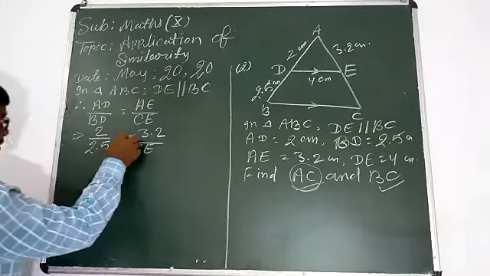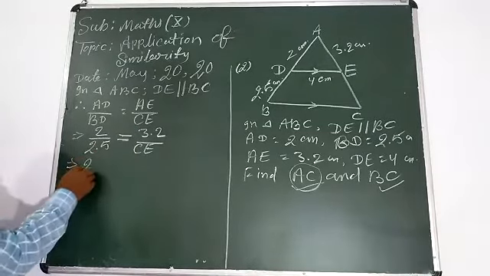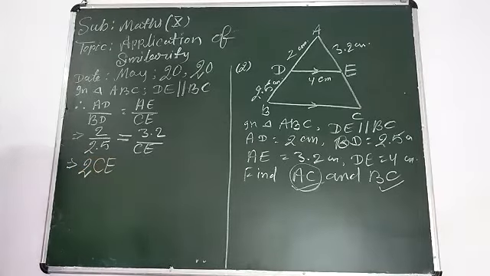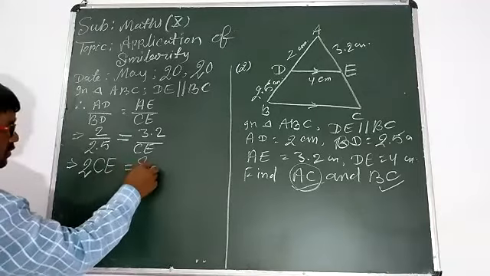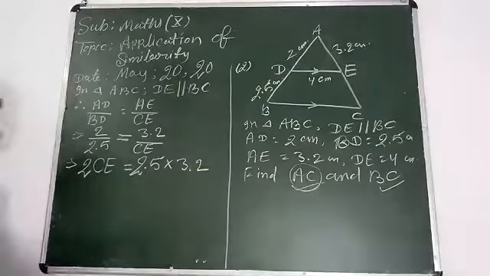Now follow the process of cross multiplication. In this way, you should write 2 CE equal to 2.5 multiply 3.2.